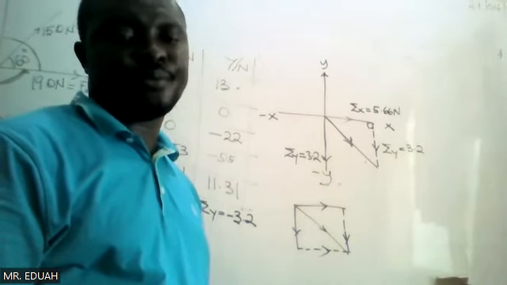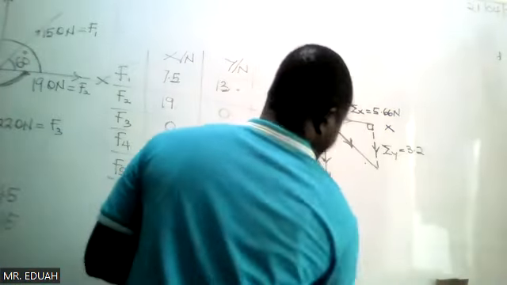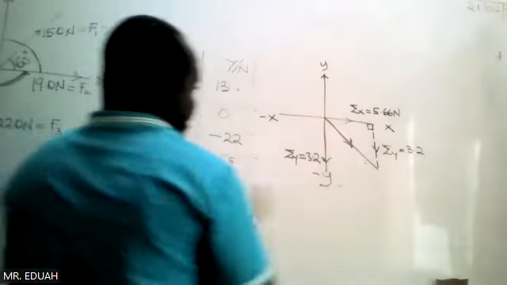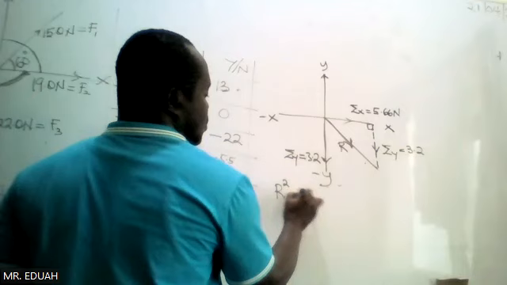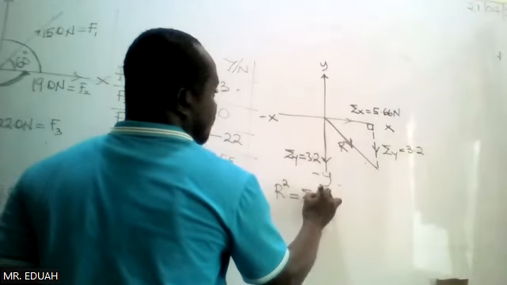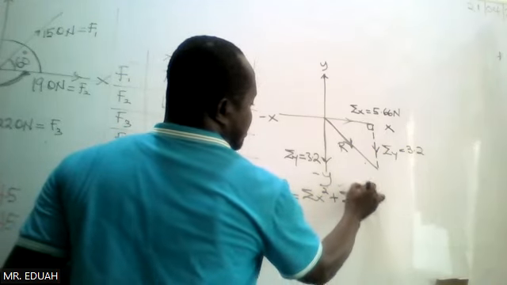Find the resultant for me. 6.5. Okay, thank you. So when you use Pythagoras theorem, this resultant is equal to the square root of summation of x squared plus summation of y squared.